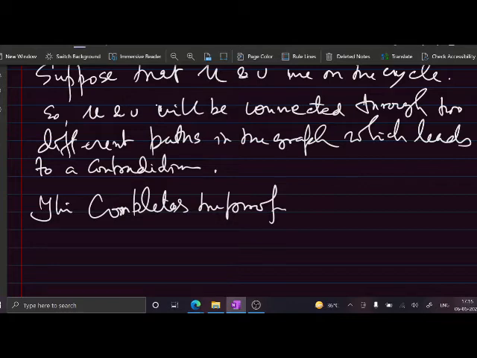Okay, so this is a very nice theorem through which you can always check whether a graph is a tree or not.